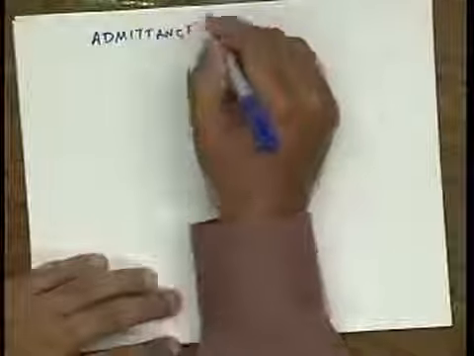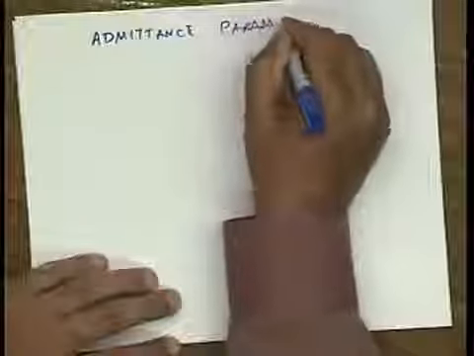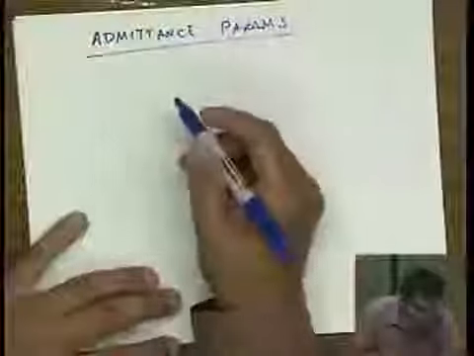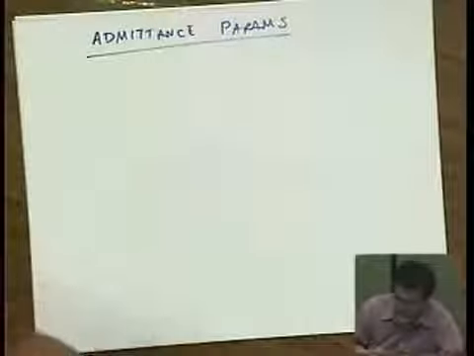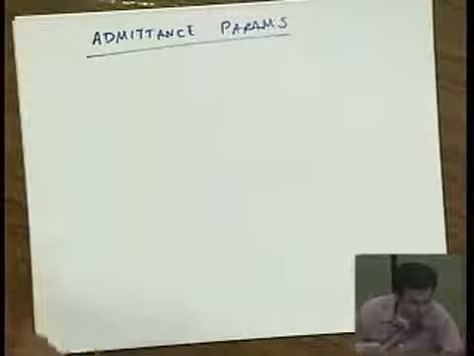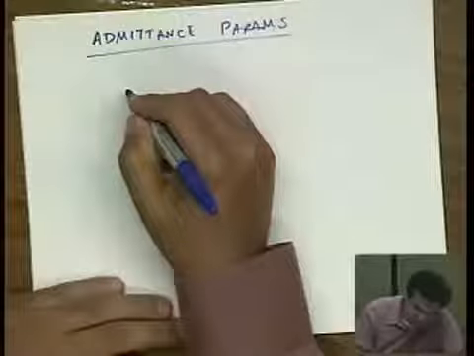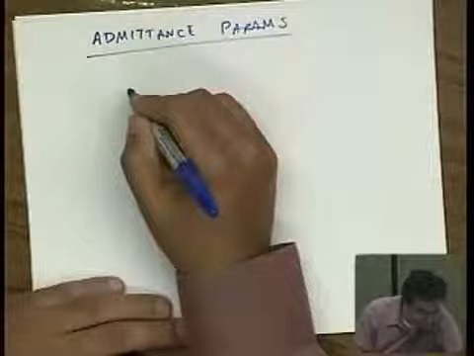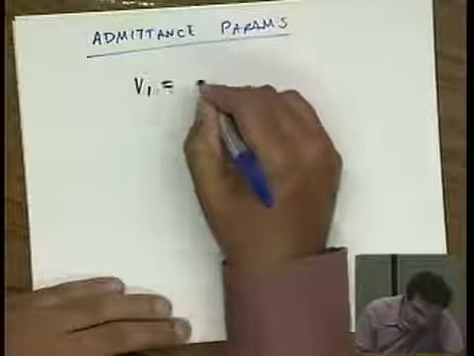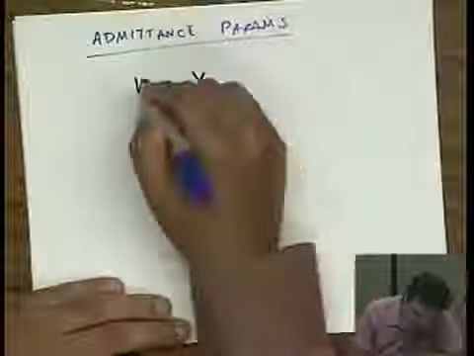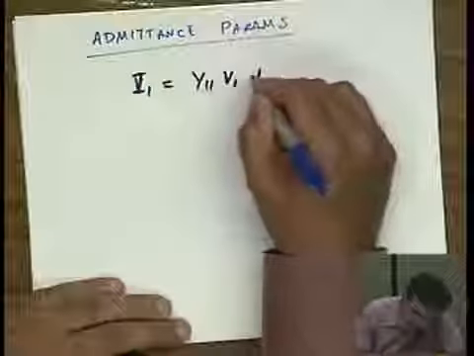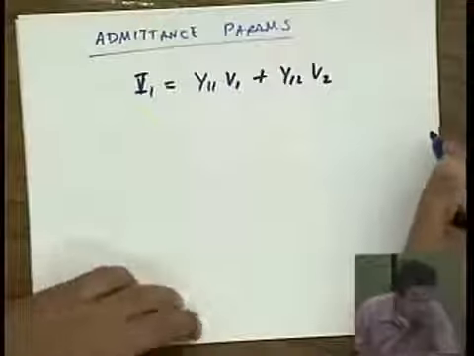Now, let's also review, let's focus in on Y parameters, also called the admittance parameters. So for the admittance parameters, I have I1 is Y11 V1 plus Y12 V2.